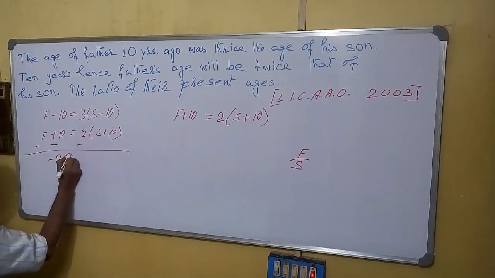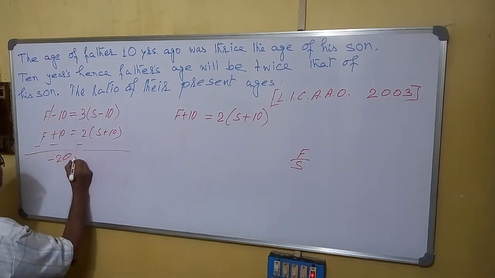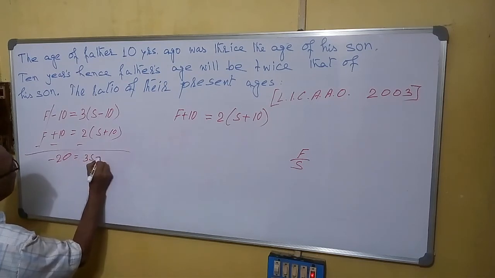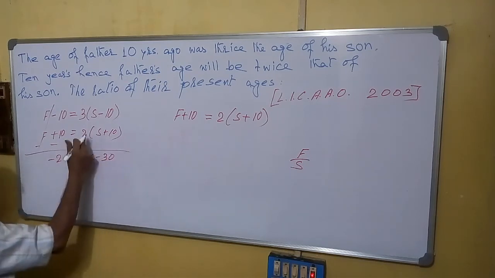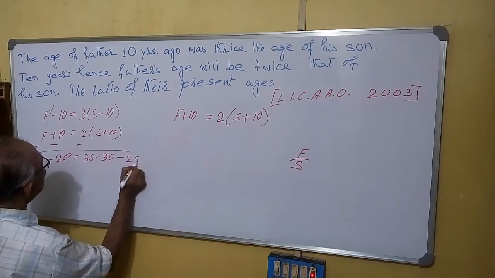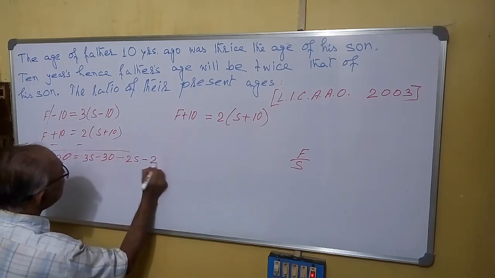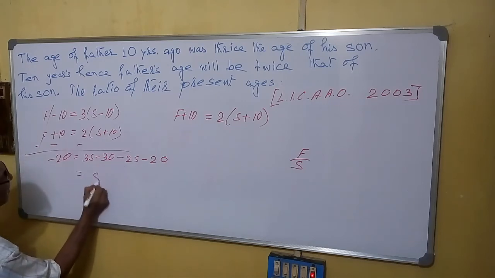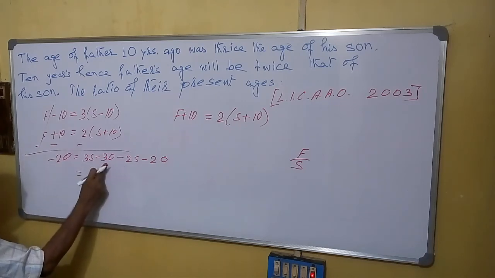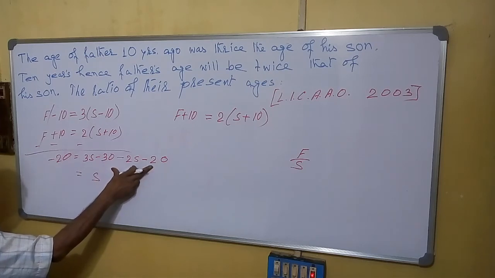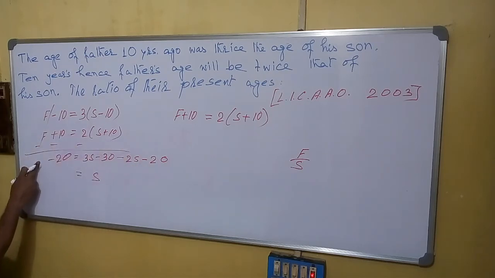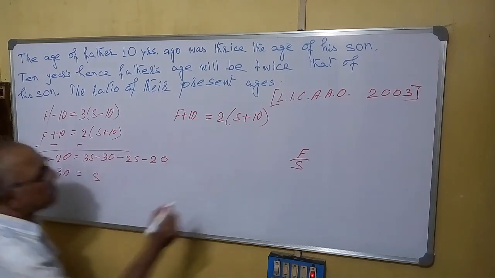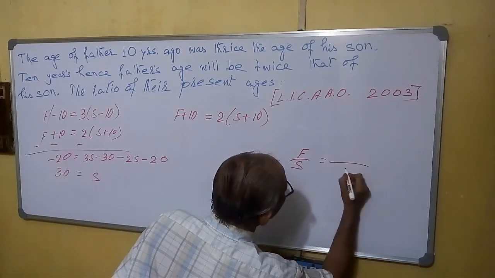Minus 20 equals 3s minus 30 minus 2s minus 20. That is 3s minus 2s is s, and minus 30 minus 20, minus 50. If it is going this side, 50 minus 20, 30. You are getting s equals 30.